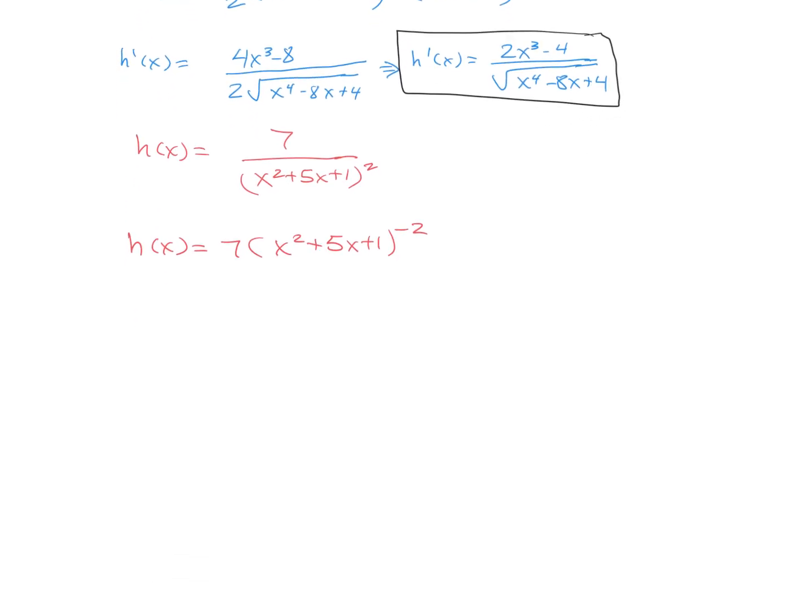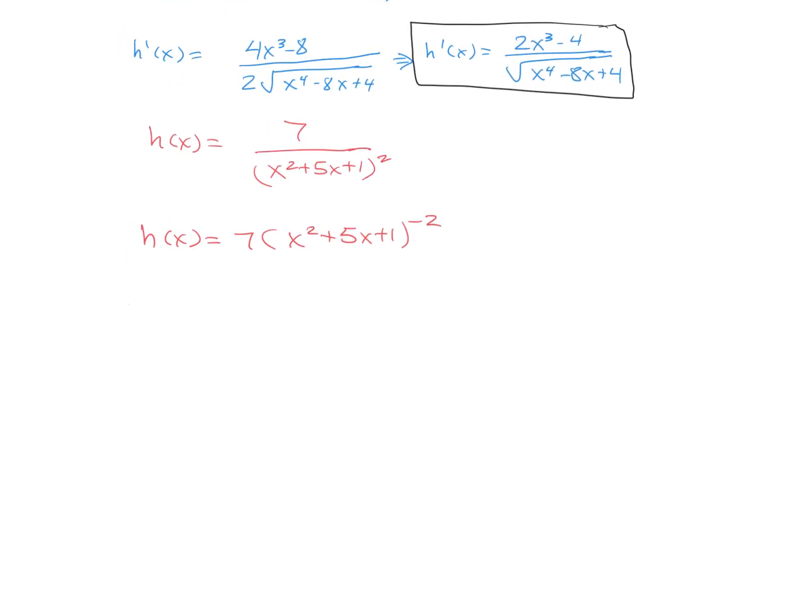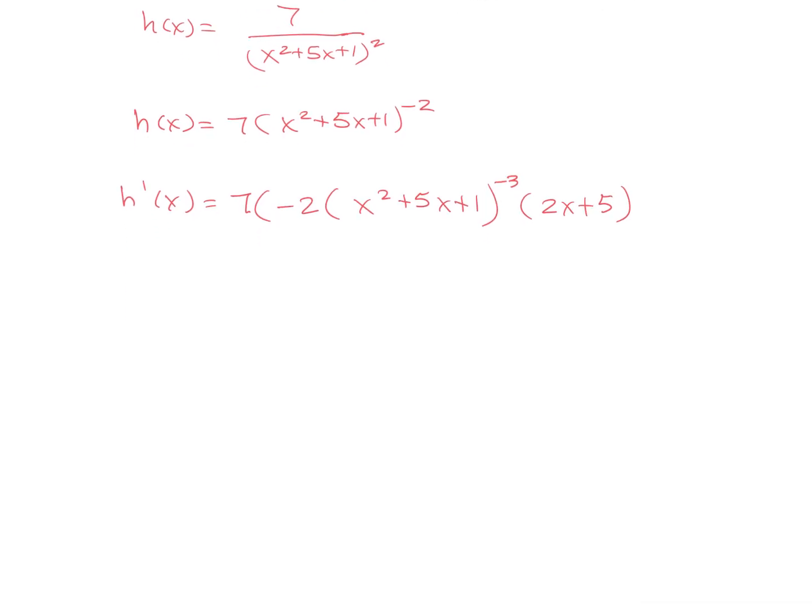So now using our chain rule again, we're going to have h prime of x has a 7 that's multiplied times a negative 2 times the x squared plus 5x plus 1 to the negative 3 power. Again, that's just our power rule being applied to our polynomial. And then it's multiplied times a 2x plus 5. That's the derivative of our inside.